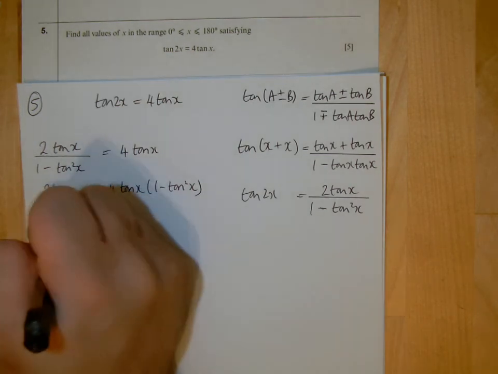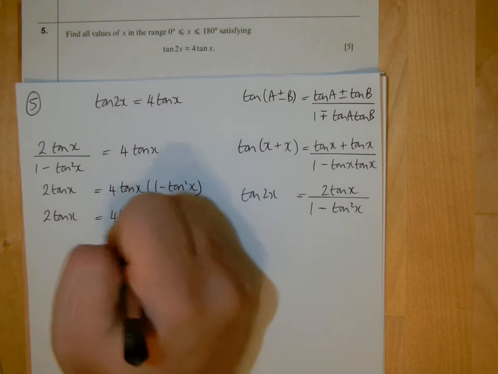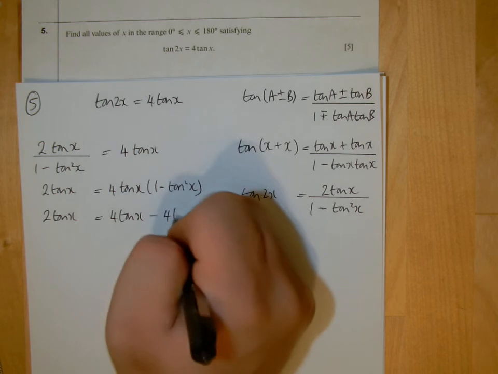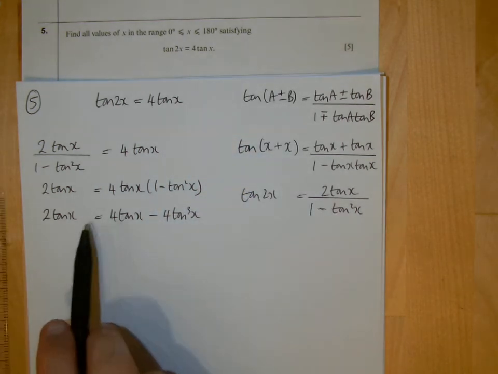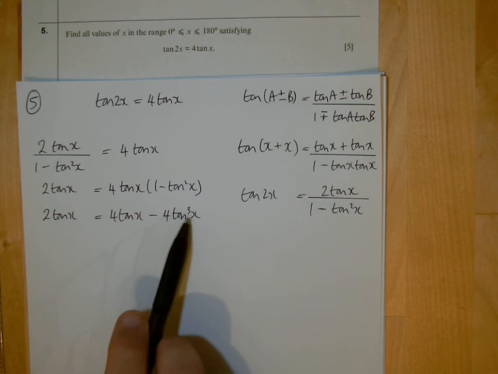Let's then expand that bracket, so multiply through: 4 tan x times 1 and 4 tan x times tan squared x, so you get that. What you hopefully will notice is that we've got two like terms here, we can put these together. There's a tan cubed there though, so you have to keep that separate.